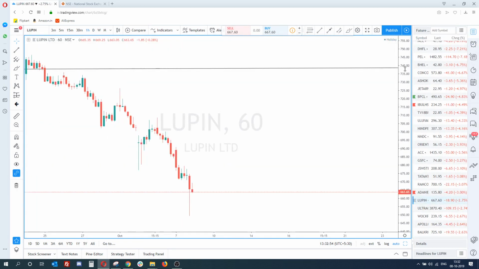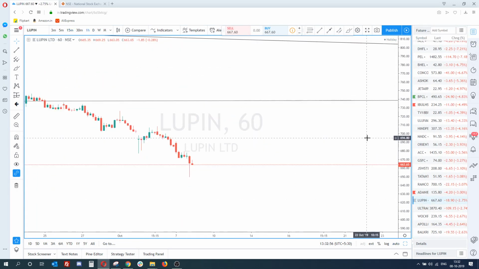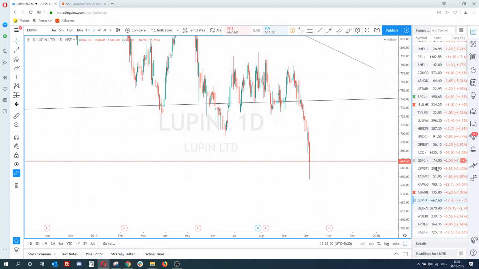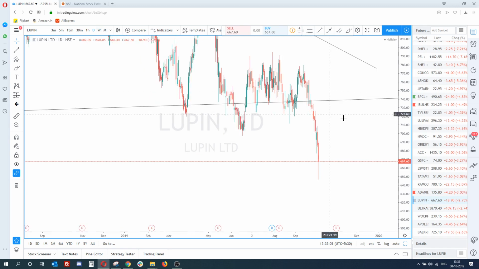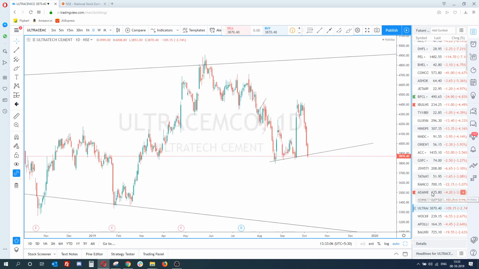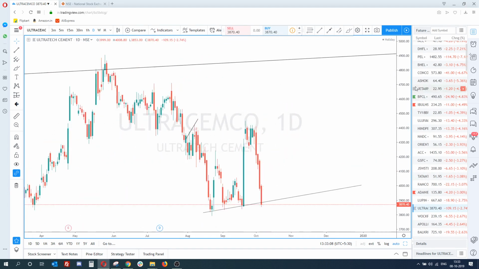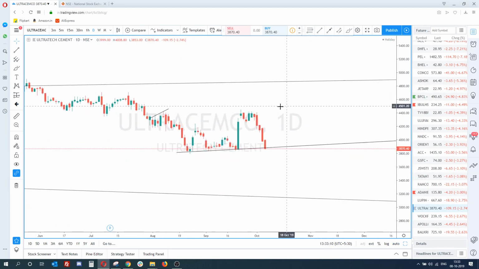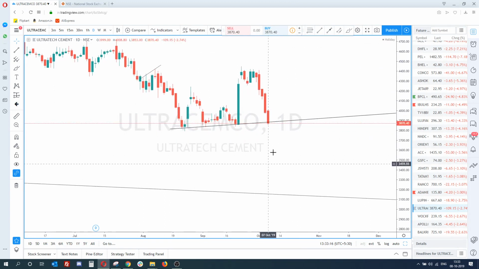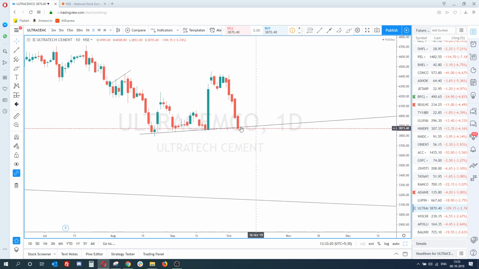In Ultratech Cement, there is an opportunity for us to trade in this area tomorrow. I will just put this on the watch list.